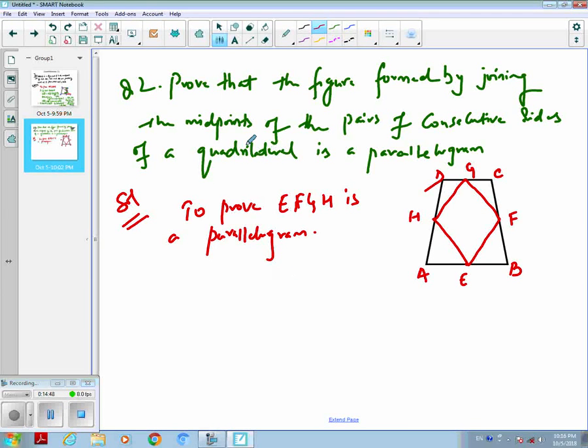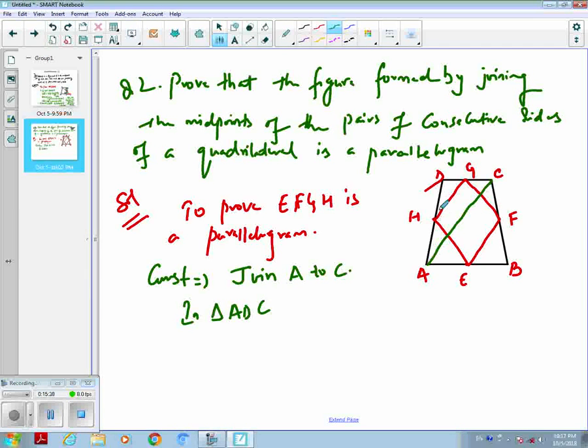Here we have to do a construction. Just join A to C. Then in triangle ADC, we know that H is the midpoint of AD and G is the midpoint of CD.